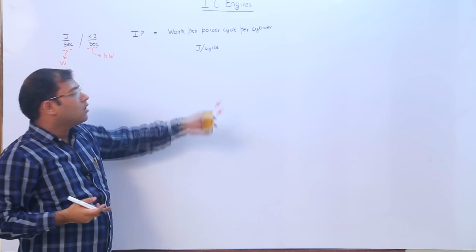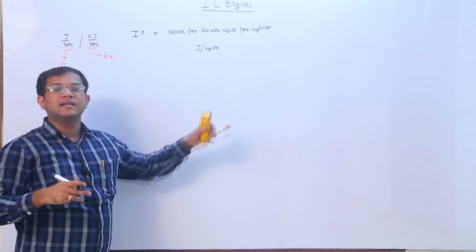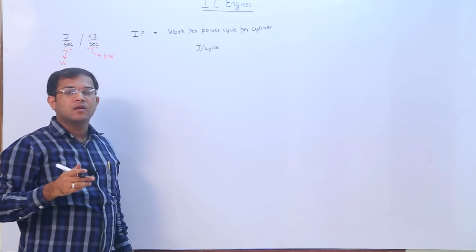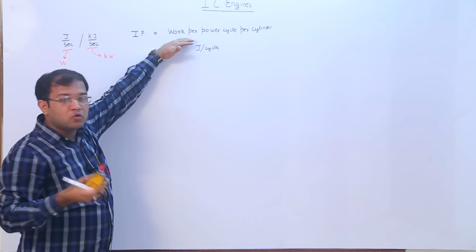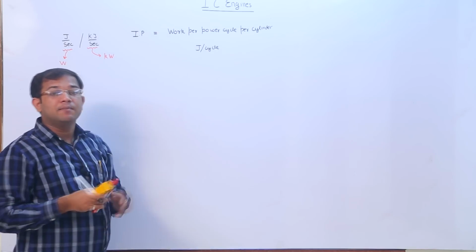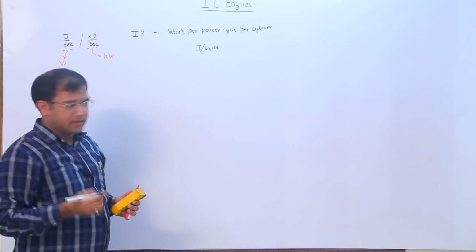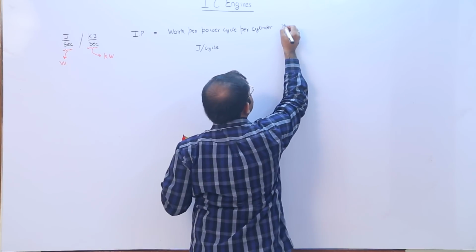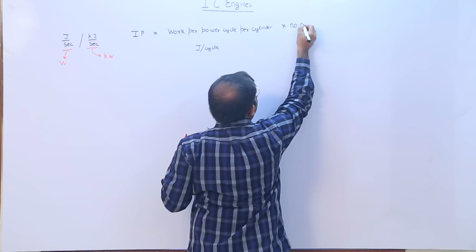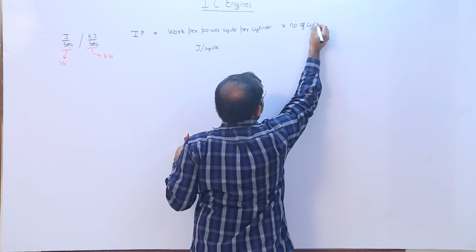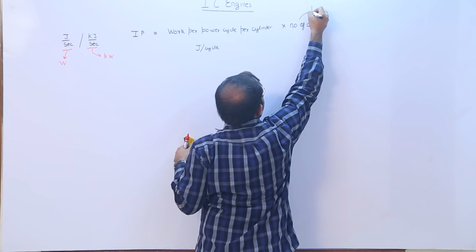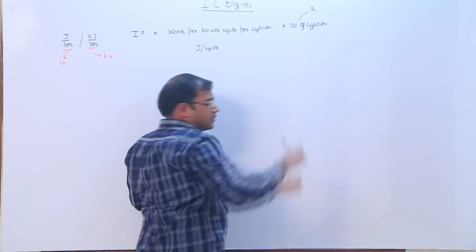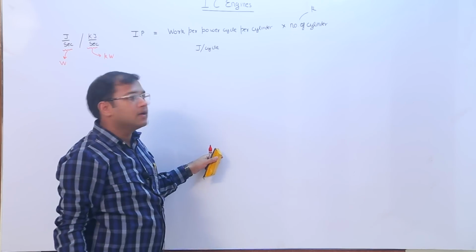Fine. Now see, there are multi-cylinder engines. That means what we need to do is that the work produced per cylinder will be multiplied with number of cylinders. So we multiply this expression with number of cylinders, and it is generally represented by K.